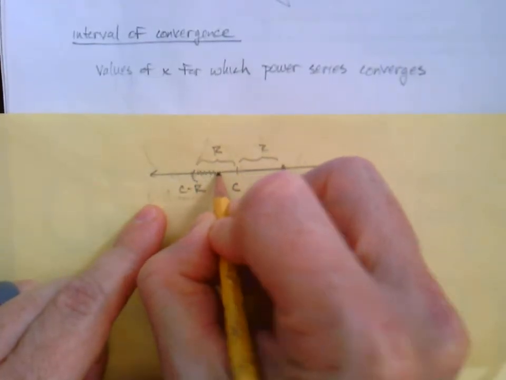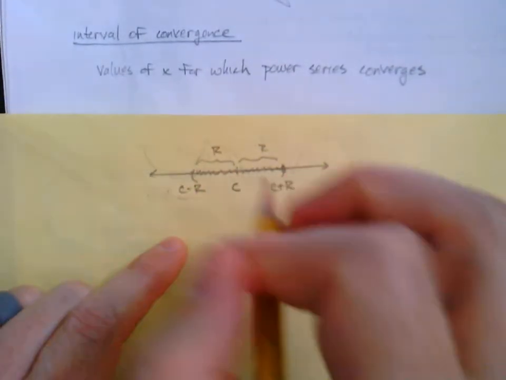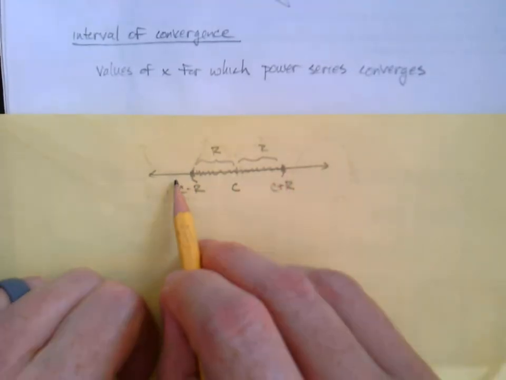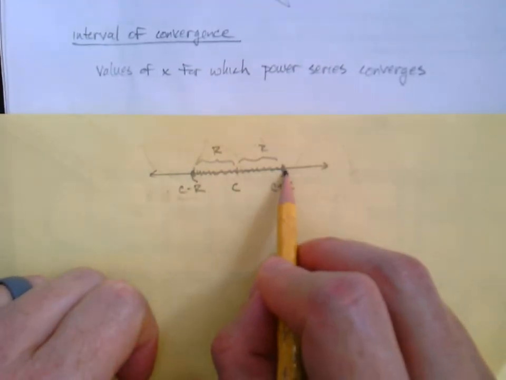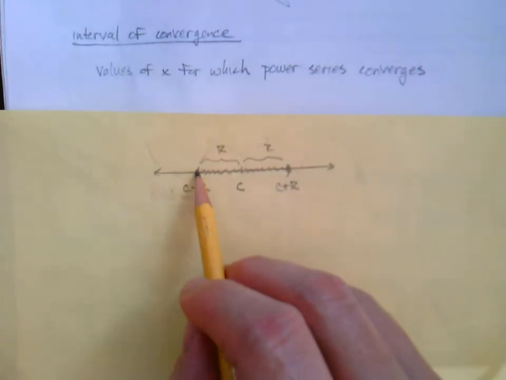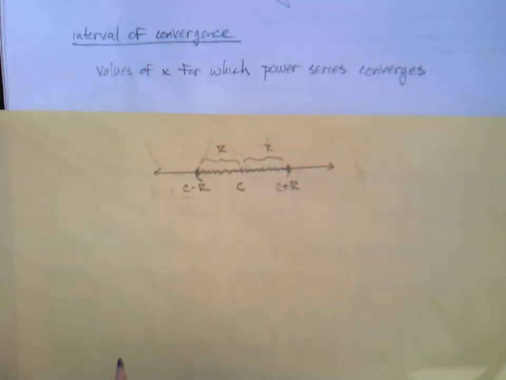We know that we converge in the middle, but on the endpoints, sometimes you converge, sometimes you don't at those endpoints themselves. So we're going to figure out a way to test the actual endpoints on our interval. We're going to do an example in the next video.